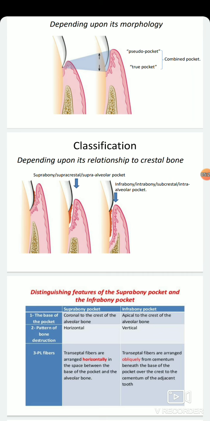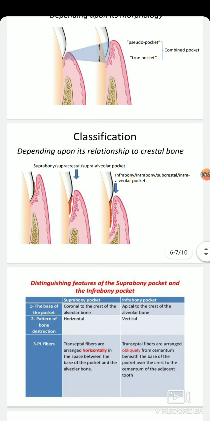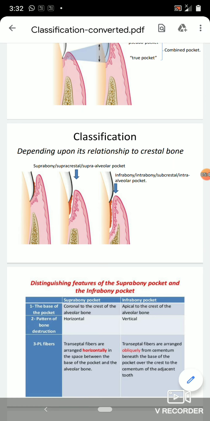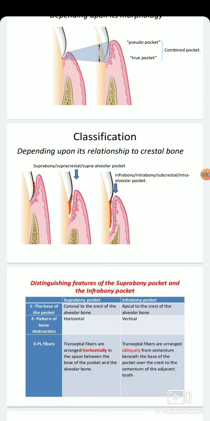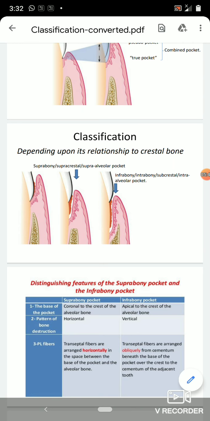So based on relationship to the crestal bone, the pockets are classified into supra-bony pockets and infra-bony pockets. Supra-bony pockets and infra-bony pockets are types of true pockets, because the pocketing takes place because of apical shift of junctional epithelium.